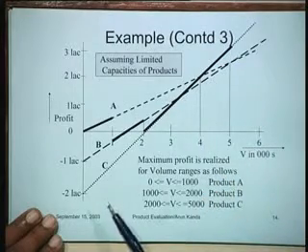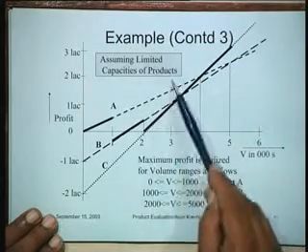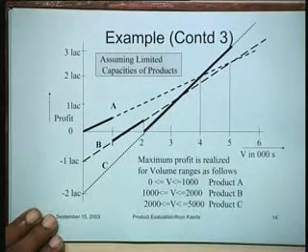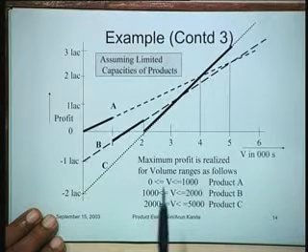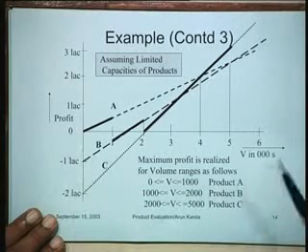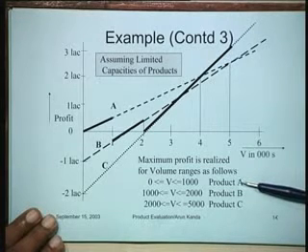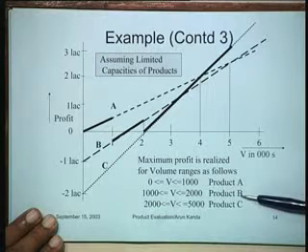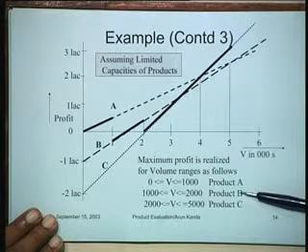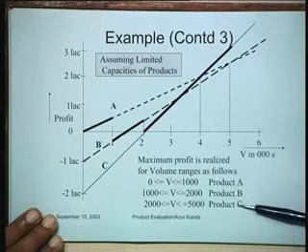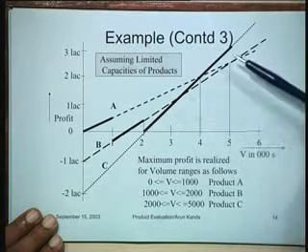So now what's happening is that if we assume limited capacities for the various products, our decision situation for the optimal product is this: product A lies between 0 to 1000. If you want to, the best is to use option A. Between 1000 and 2000 use product B, and between 2000 to 5000 use product C.